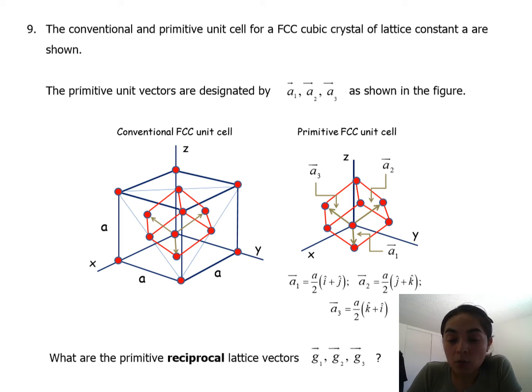There are simple cubic structures which do have primitive cells as their unit cells, because they don't have any atoms at the center, and that type of unit cell can describe the entire symmetry of the lattice.